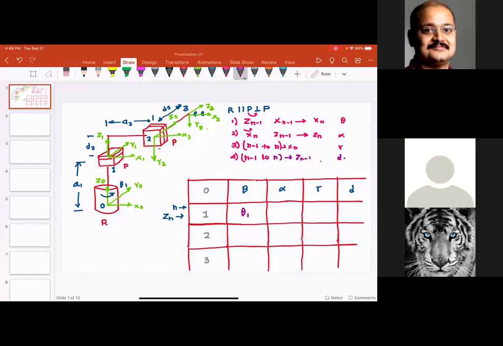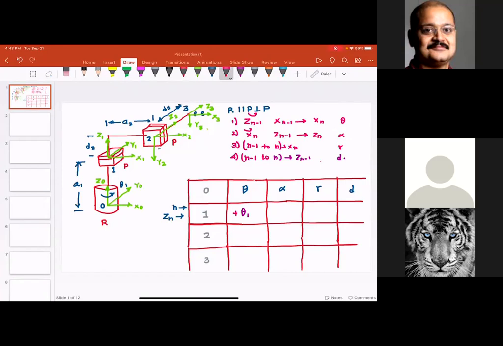So we need to rotate by theta 1. And this is very important. We are going to rotate x0 so that x0 gets aligned with x1. Everyone understood this? That's why this is positive. That is explicitly what I want to state.